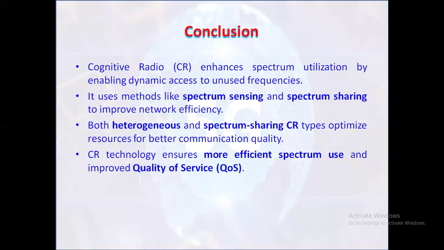The CR technology ensures more efficient spectrum use and improved quality of service. By dynamically managing spectrum access, CR enhances spectrum usage and delivers a better QoS, quality of service, for the users.